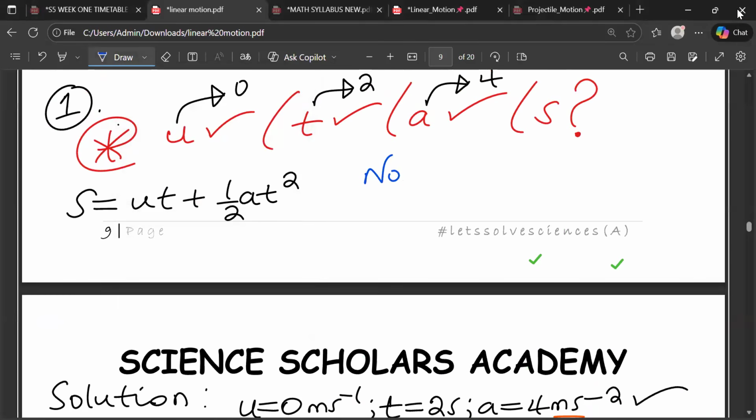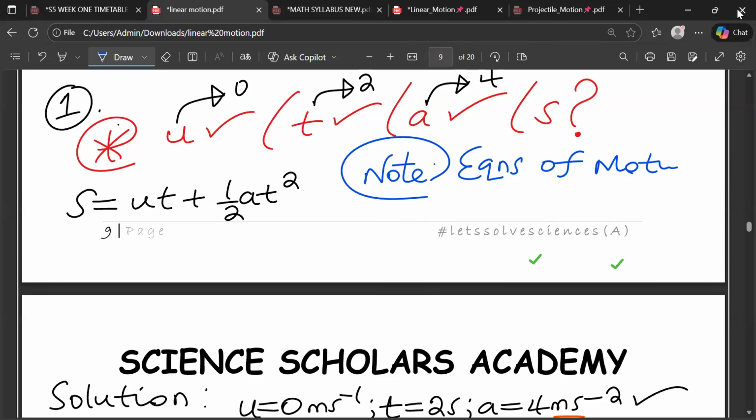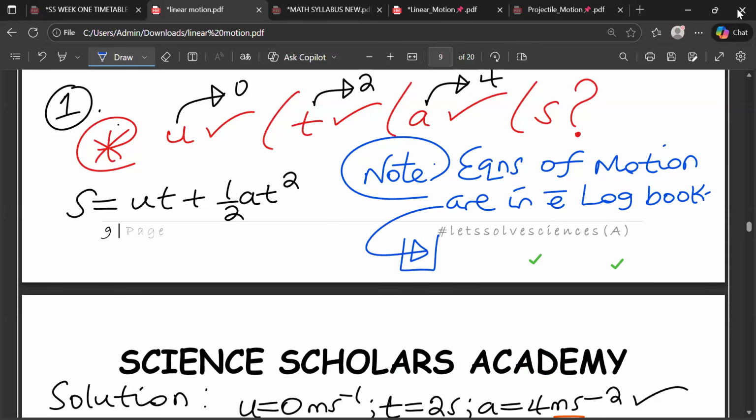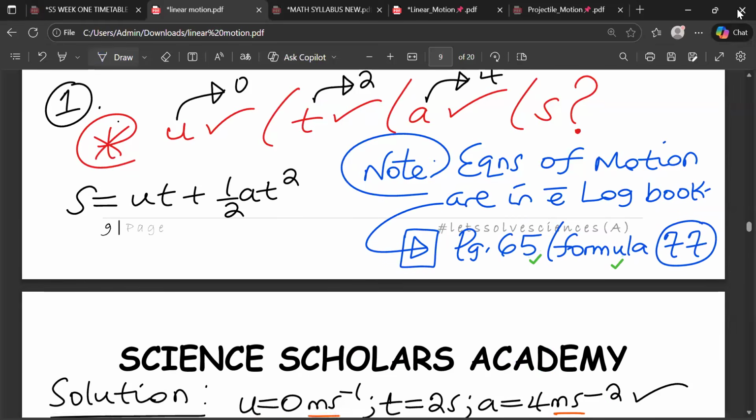So I shall just put here a note and say that equations of motion are in the logbook. The lesson says, okay, it is page 65, formula 77. So you do that. Okay.